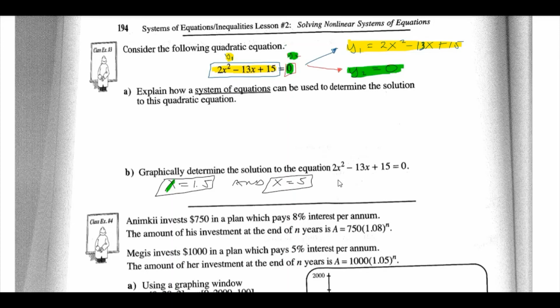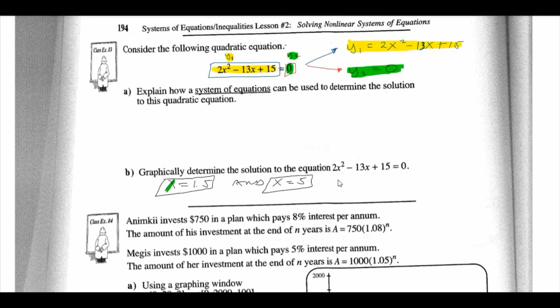You have two solutions. If you're going to use the system of equations, you're just going to break down the left hand side and the right hand side of your equation into two different graphs. So the value of x would be equal to 1.5, and then x is equal to 5. That's how you get the solution.